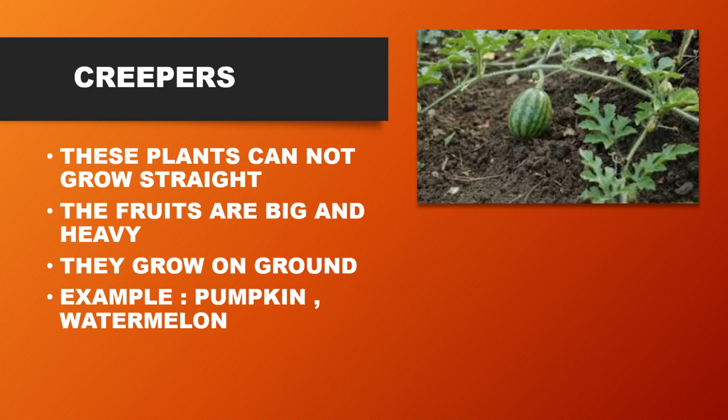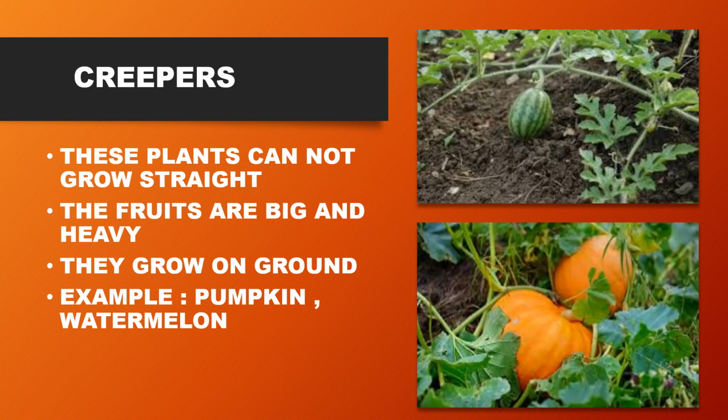Now watermelon is very big and heavy. Now when the fruit is big and heavy, can the plant grow straight? No, the plant will fall down. So that's why creepers don't grow straight, they grow on the ground. Why? Because the fruit is big.